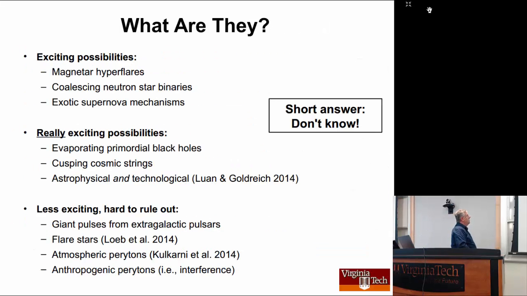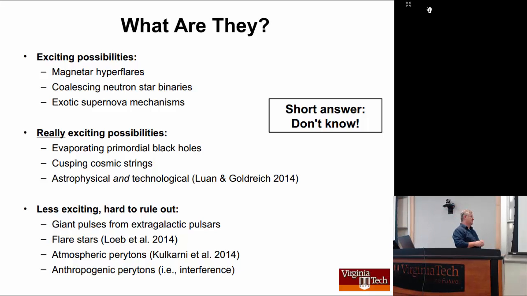So what do we think they are? Well, first of all, the box on the right applies: nobody knows, which means we should be working on this. But there are three classes of possibilities here. I list the exciting possibilities, the really exciting possibilities, and then the less exciting possibilities that are hard to rule out. Exciting possibilities are things like, and I realize this is not a fair term to lay on an audience and then walk away from, magnetar hyperflares.